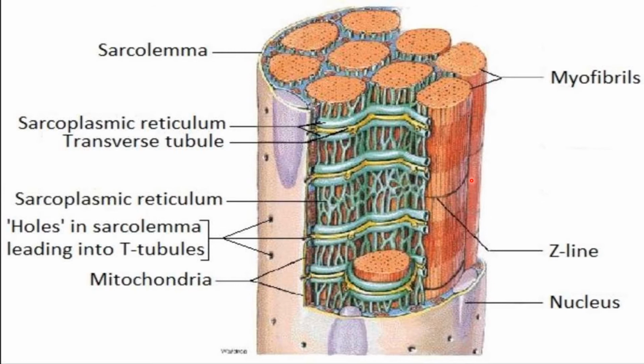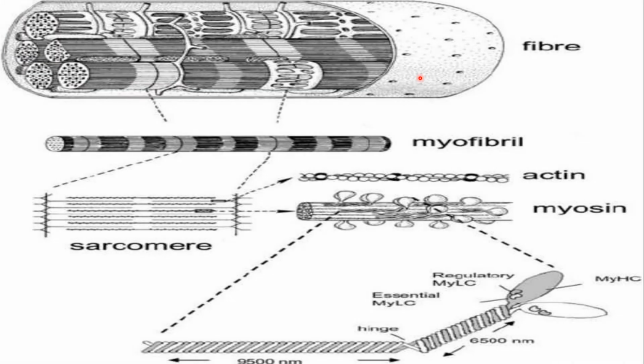Then this blue one is the mitochondria. This is the Z line. Z line is present in the lighter band which is called I band. Again, this is the darker band which is called A band, and this is the lighter band which is called I band. Then the lighter band is transected by a darker line which is called Z disc or the Z line.